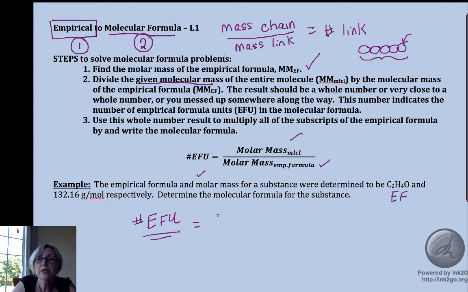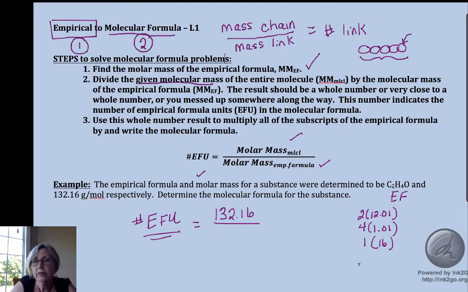The number of those is the molar mass of the molecule, which is given as 132.16. Now, to calculate the molar mass of my empirical formula, I do just like I do any molar mass. I take 2 carbons, 4 hydrogens, and 1 oxygen, and if you do that, you get 44.06.